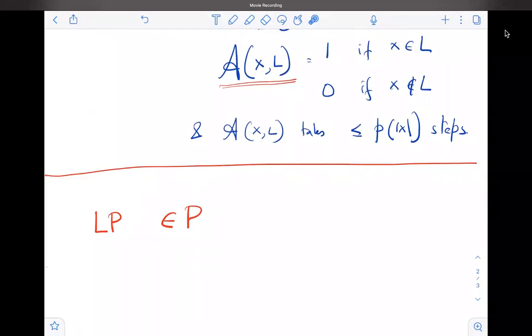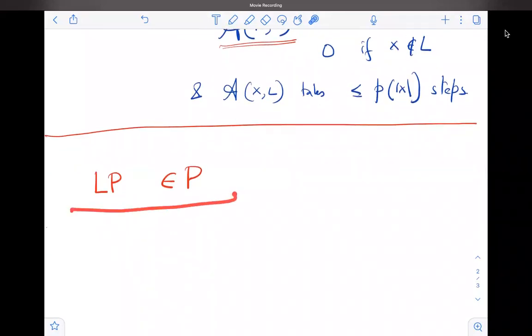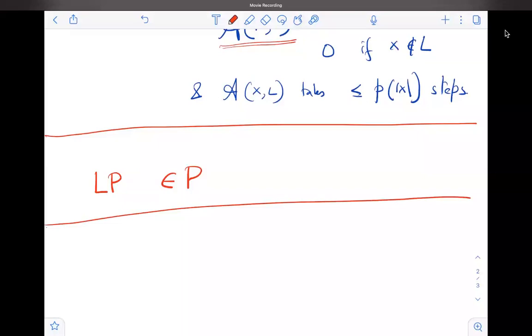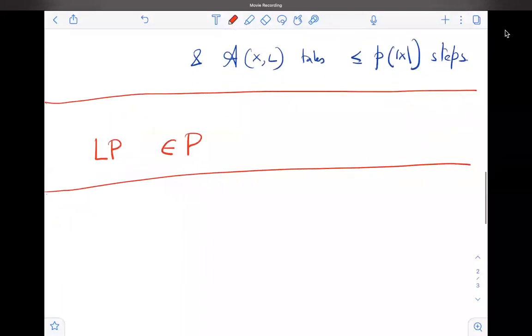This statement is for the decision version, as the class P is defined for the decision version only. Now you have also seen that shortest path is in P, minimum spanning tree is in P, and a lot of these things are in P, right?